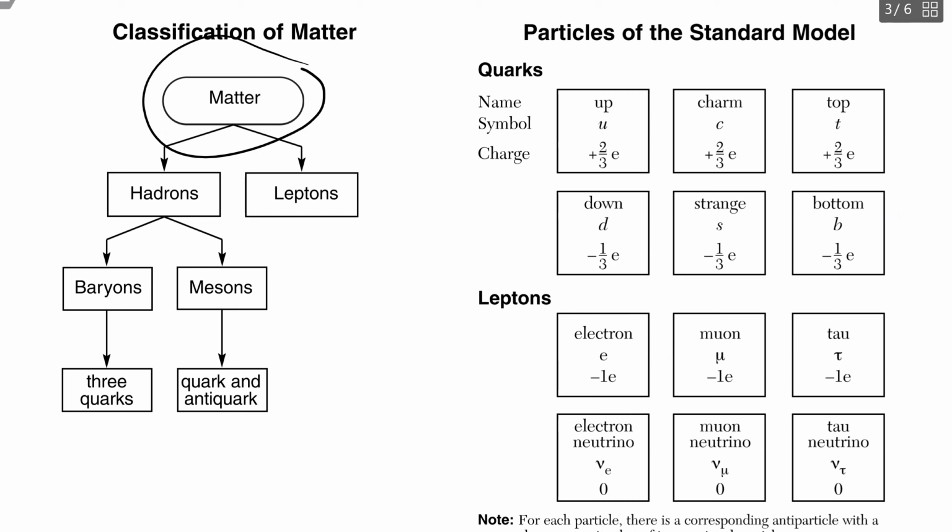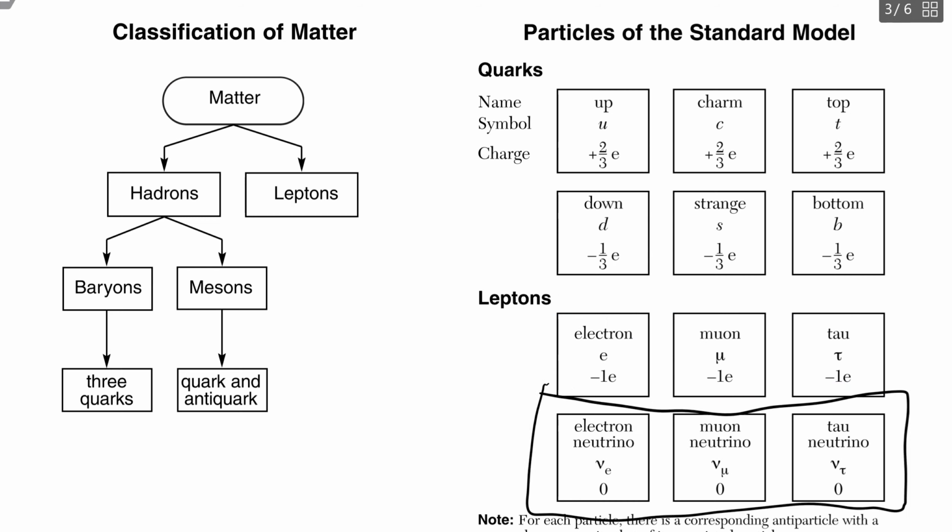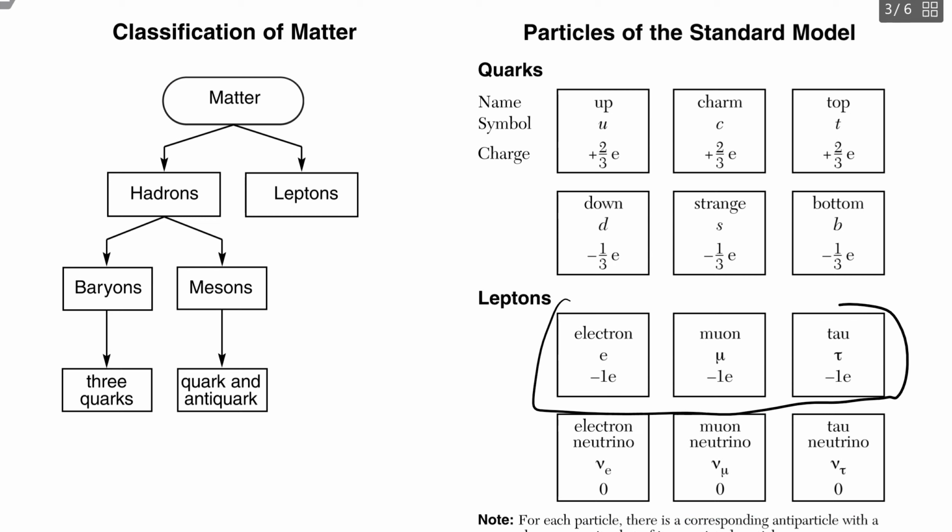So matter can either be considered a hadron or a lepton. Electrons are a type of lepton, but there are other types of leptons: muons, taus, and then a neutrino associated with each, which is basically a neutral version of this lepton.